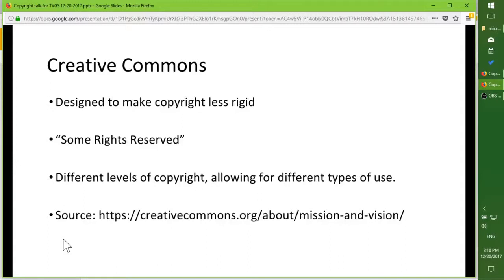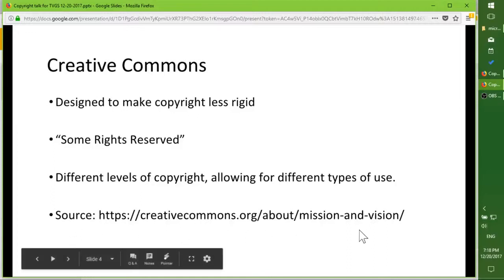They have three levels: human readable, computer readable, and lawyer talk, and they also have different levels of copyright. So you can basically decide how you want your work to be used, and it doesn't have to be a whole legal thing. I know for some of our audience members that might be a real bummer.